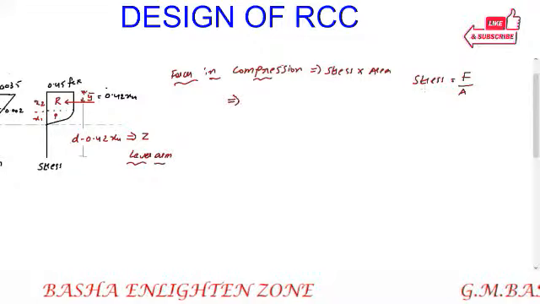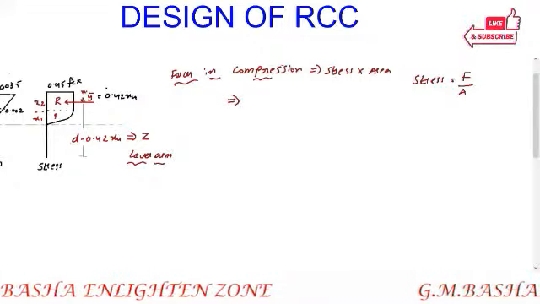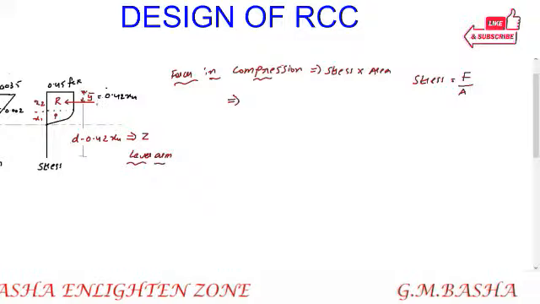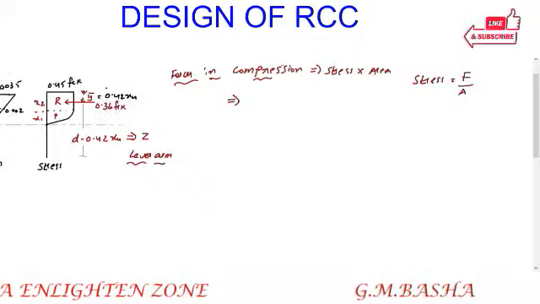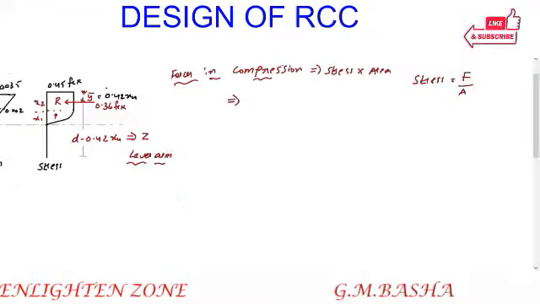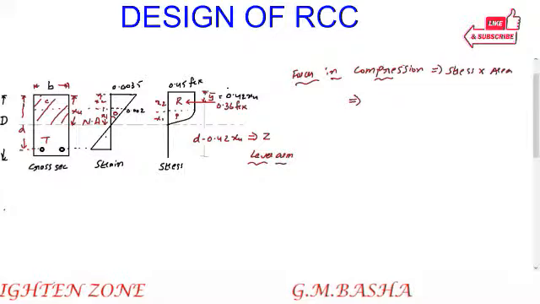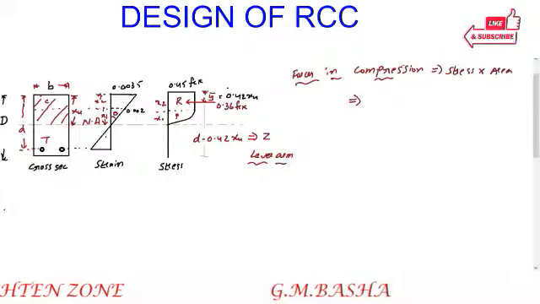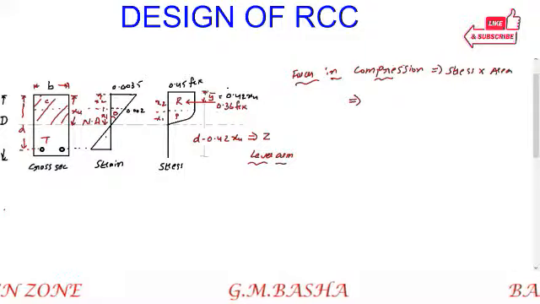Average stress. Already we obtained that the average stress up to here will be 0.36 fck. If you observe this stress diagram very clearly, what is the compressive force? Already I told you the formula.